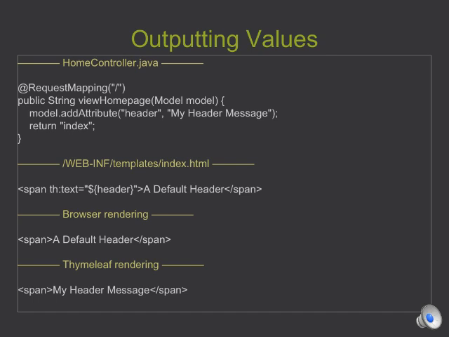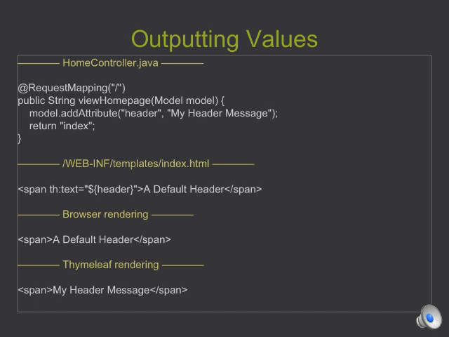The dollar sign with the curly braces is just very standard Spring expression language, which is going to grab a variable from the model and output that instead. And so when Thymeleaf renders, we'll see that there's a span there that now, instead of having a default header, will have my header message.